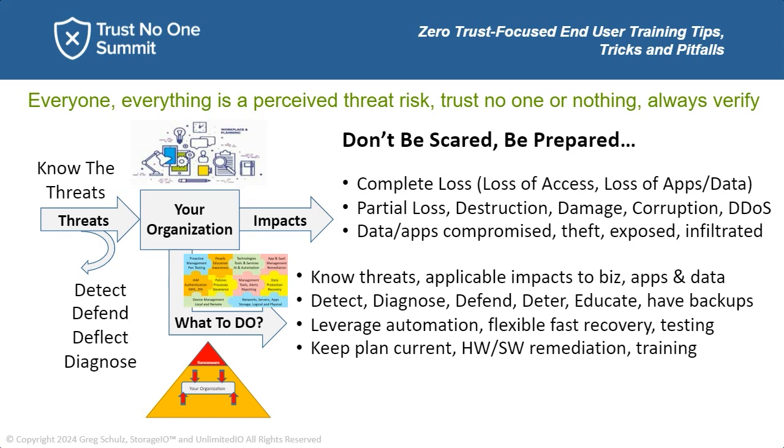And if you are impacted, what are those different threats? But more importantly, what's applicable and what's the impact? Is something going to cause a complete loss of access, a loss of apps or data? Is it going to be partial loss or destruction, damage or corruption or compromise of your data, theft or exposure?